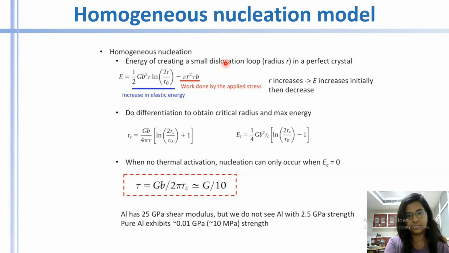As r increases, as the loop grows in size, the energy initially increases and then decreases, because of the nature of the equation.